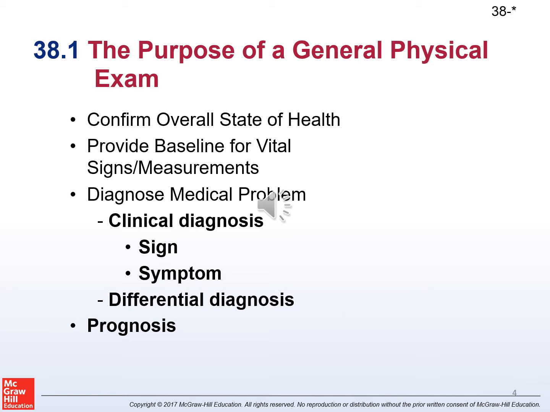A differential diagnosis is when two or more diagnoses are possible. The prognosis is a forecast of the probable course and outcome of the disorder and the prospects for recovery.